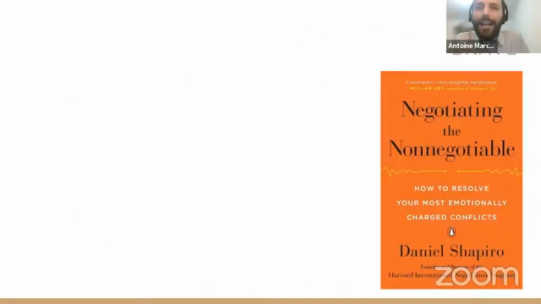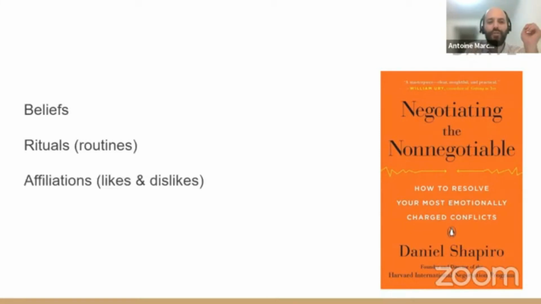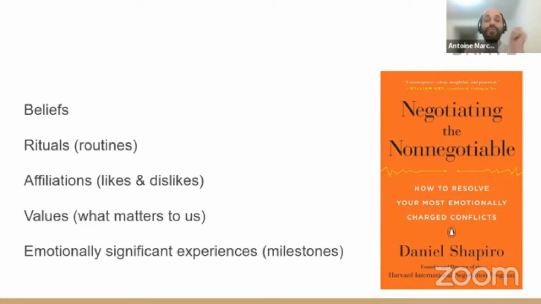So taking that into account, what are we going to do? We're going to take a leaf out of the book of an expert negotiator, Daniel Shapiro. I highly recommend, if you're interested, read more about it. But basically, he helps define the identity of people by beliefs, rituals, affiliations, values, and emotionally significant experiences.